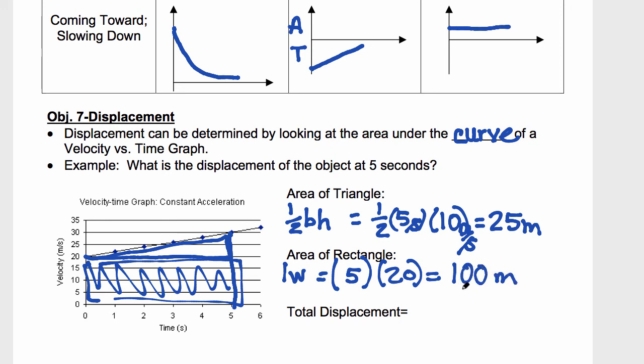And so the total distance or displacement, you'd have to add up those two pieces. So this is 125 meters. So you can actually get displacement or distance by looking at a velocity versus time graph by looking at the area underneath the curve. And sometimes if it goes down to 0, it's just a triangle. In this case, you have a rectangle because it doesn't go down to 0, and a triangle.